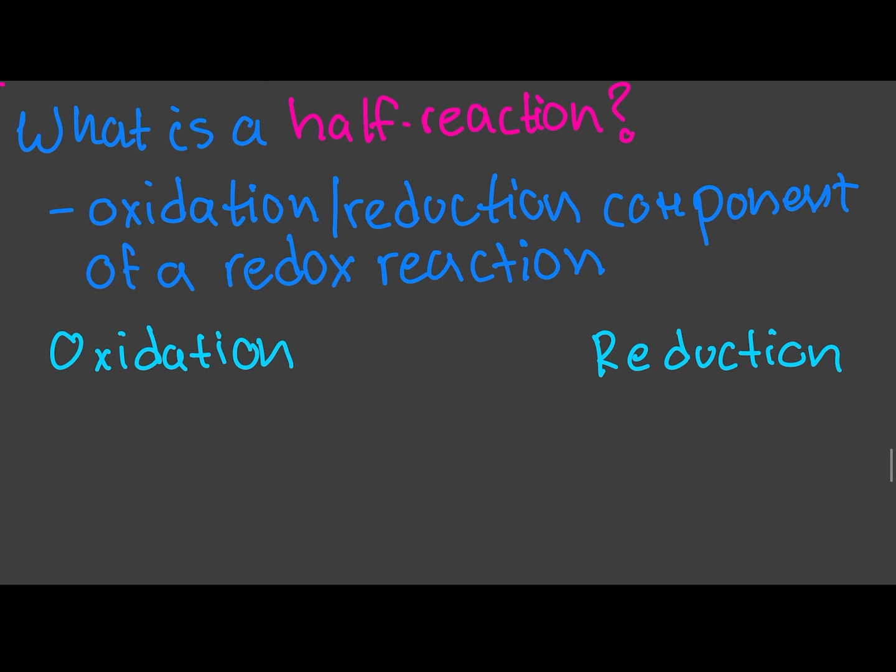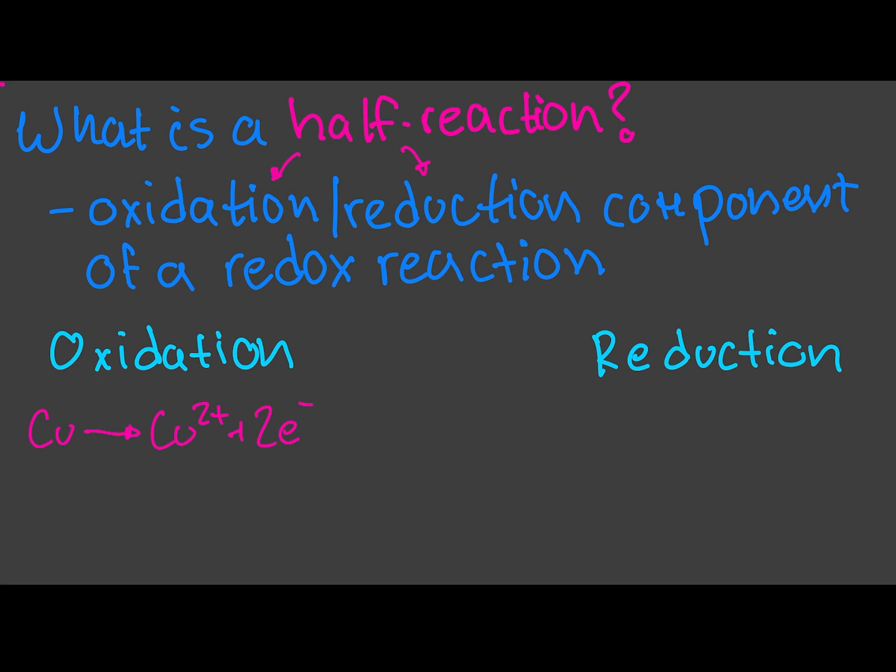So, first of all, what is a half-reaction? This should be review, but just in case you forgot, we have two different types of half-reactions: the oxidation half-reaction and the reduction half-reaction. An example of an oxidation half-reaction would be copper being oxidized to Cu2+ plus 2 electrons.